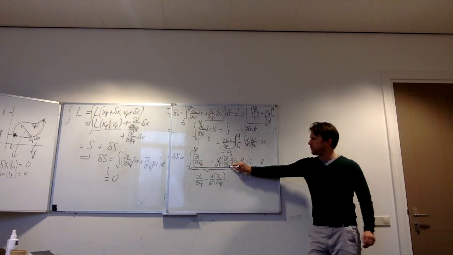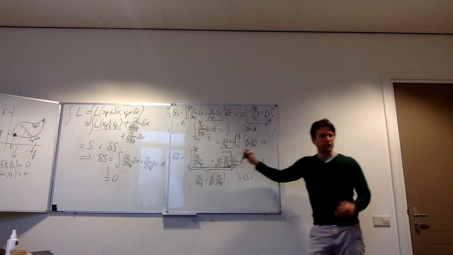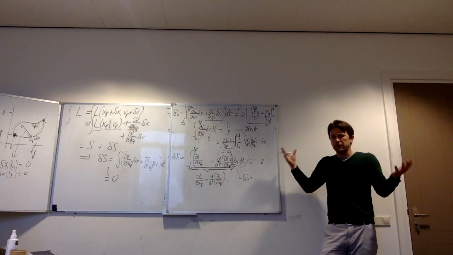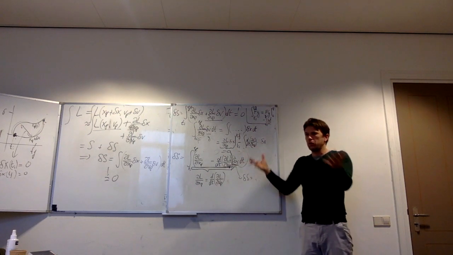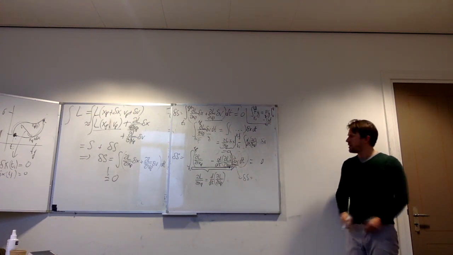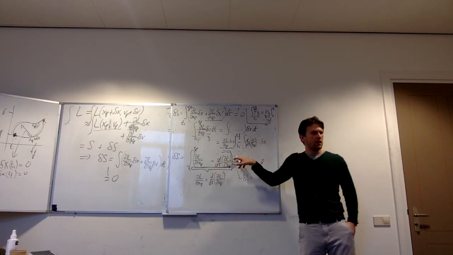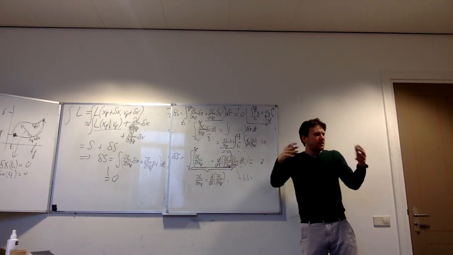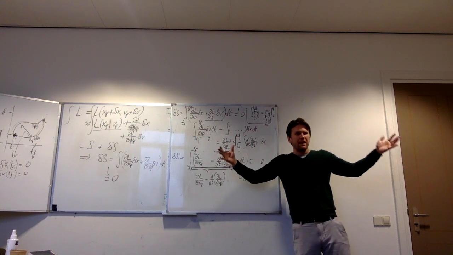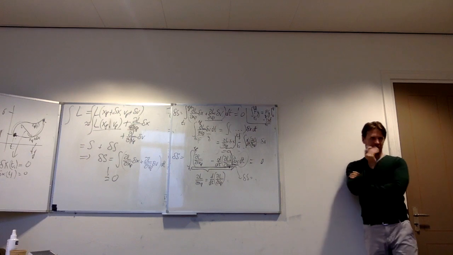Either this is 0 and this is whatever, or this is 0 and this is whatever. But the second thing doesn't give you any new physics. It just tells you I'm already at the path that nature is trying to take. But maybe a combination of these things. Maybe this is not 0 and this is not 0. But together, the sum of these things happens to add up to 0, right? Is that possible?